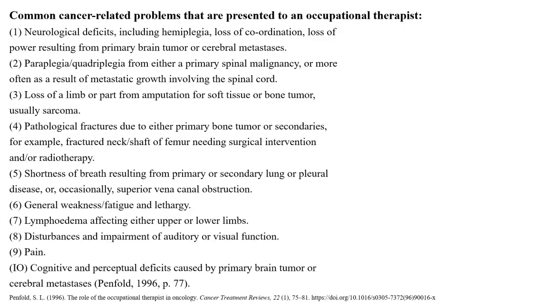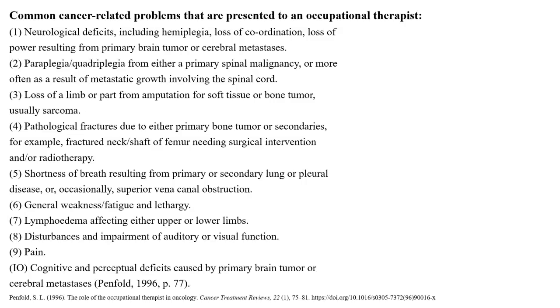The common cancer-related problems also include, if the client presents with a spinal cord tumor or spinal cancer, you might see a client with paraplegia or quadriplegia, and maybe loss of a limb or part of a limb from amputation from soft tissue or bone tumor, usually sarcoma, and pathological fractures due to their primary bone tumor or secondaries.